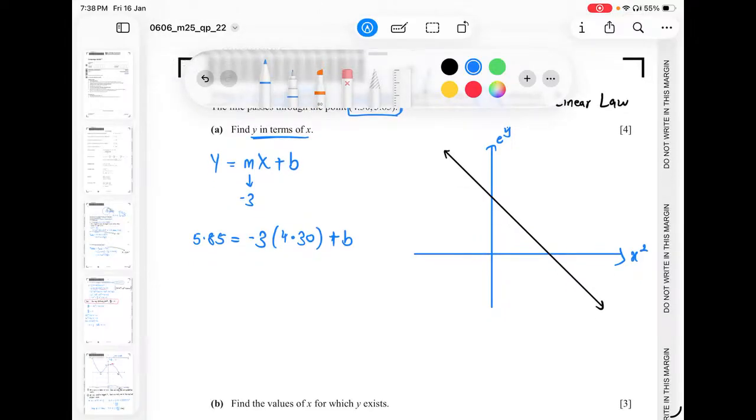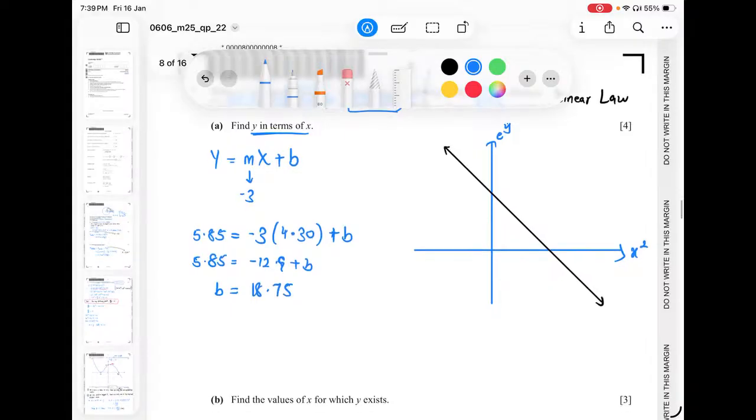So 5.85 is equal to -3 times 4.3, that is -12.9, plus b. So the b value is going to be 5.85 plus 12.9. That's going to give you 18.75.